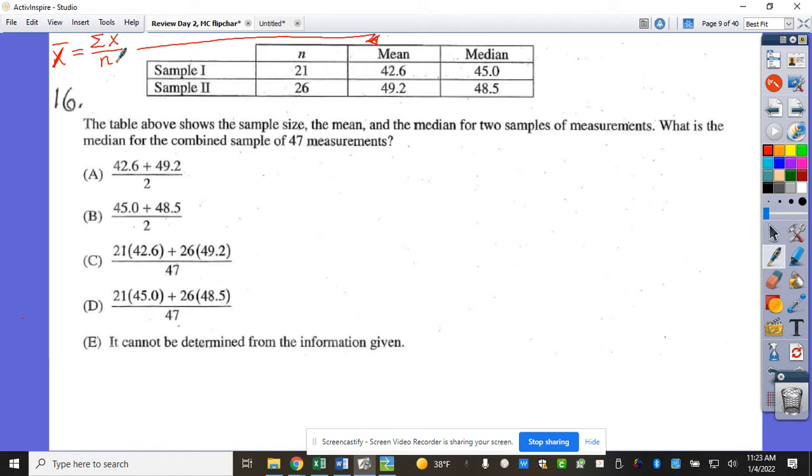I have 21 people who average $42.60. How do I figure out how much money a sample one had? So if there are 21 people and they average this much per person, how much money did that entire sample have? I can do the same thing with my second group.